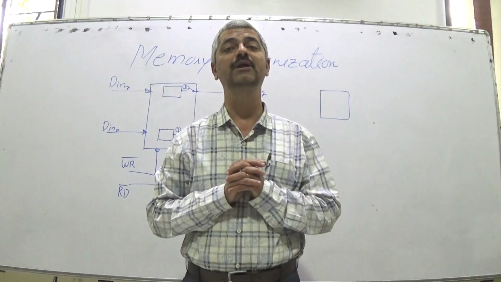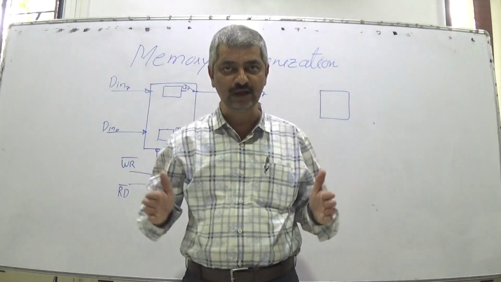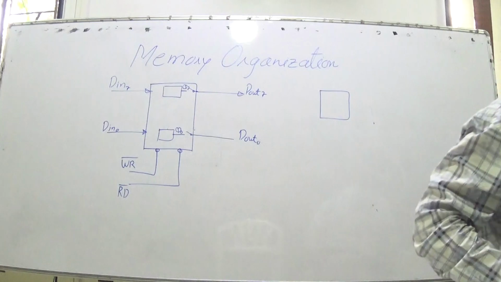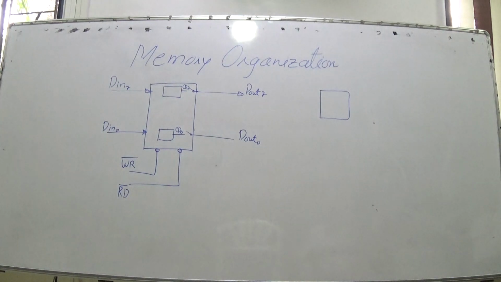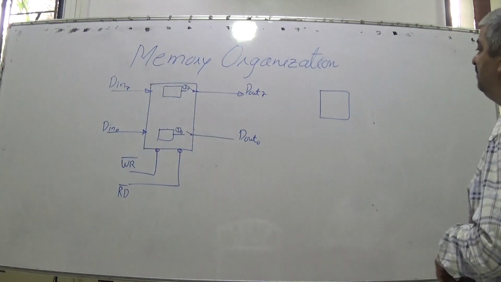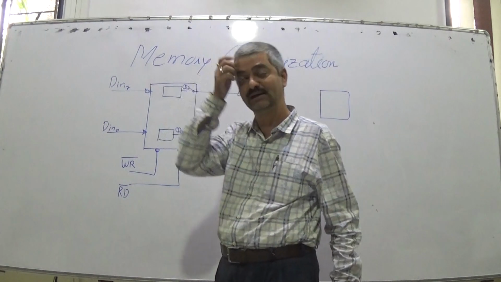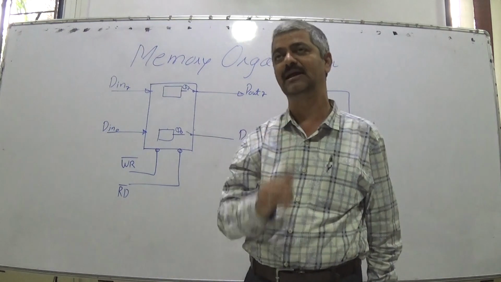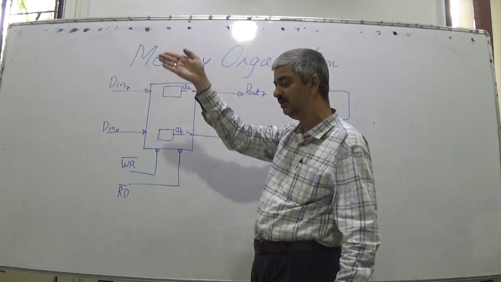It means 4 A4 sheets I am bringing, but not putting on the table. I put them in a file and number them appropriately so that I would be able to access the corresponding page which I require at a given point of time. So, unit 0, unit 1, unit 2, unit 3.